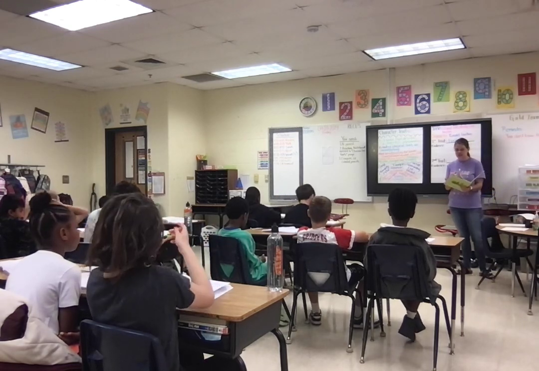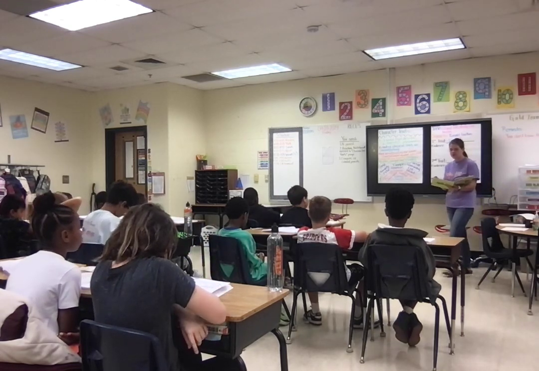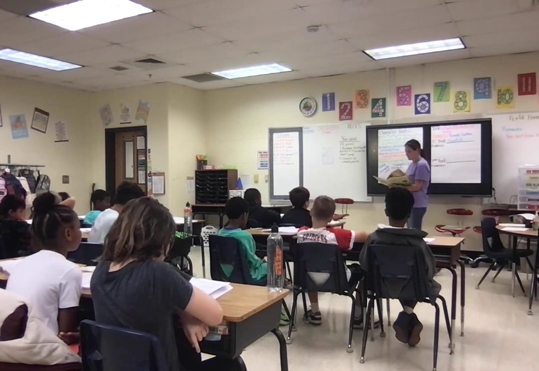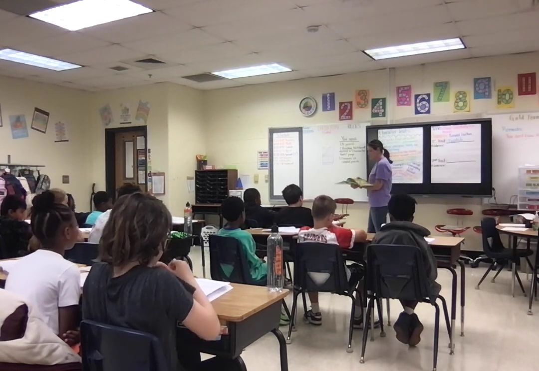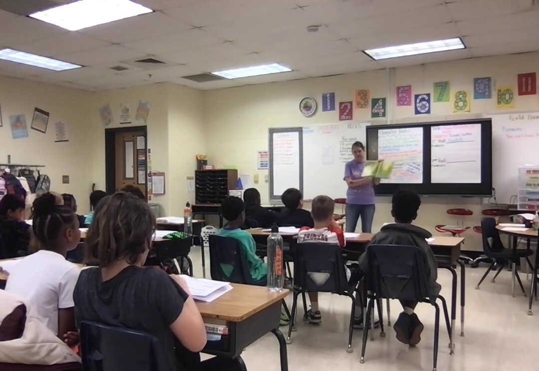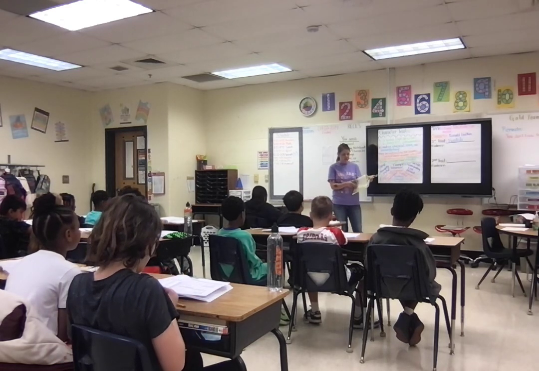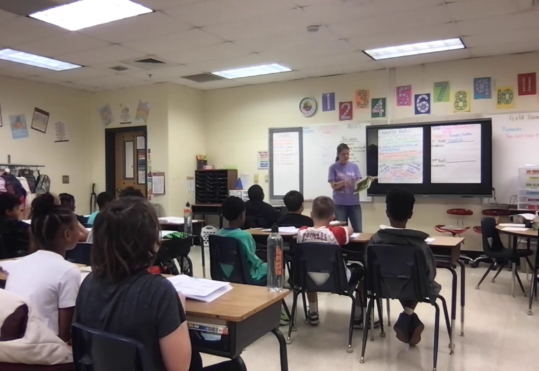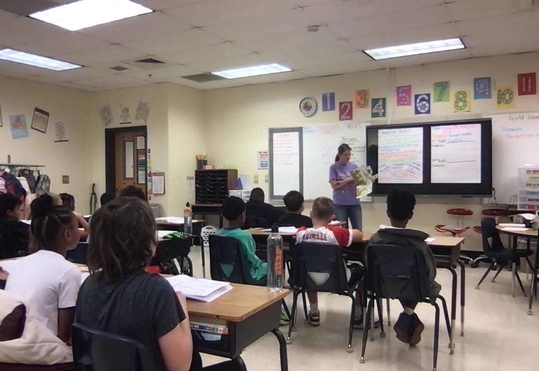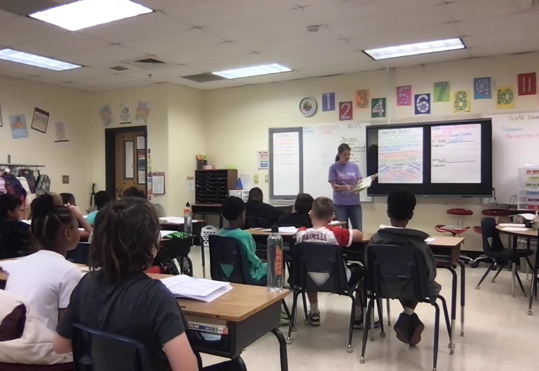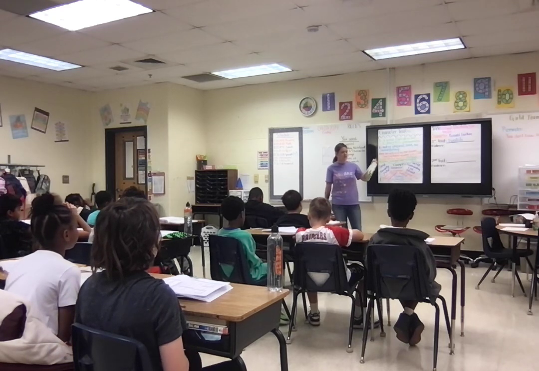So we need an example from the book of how Ronald Durkin was foolish. So I'm looking in my book, and I told you that multiple times in the book it said that he was foolish. Let's see. Here's an example.